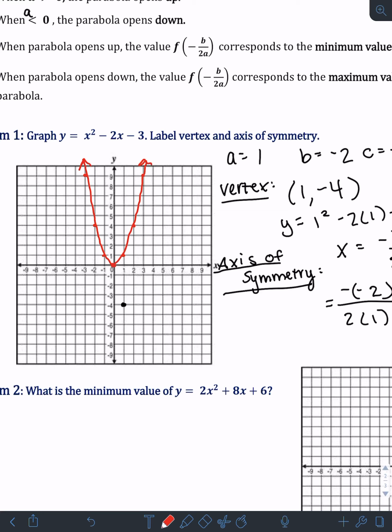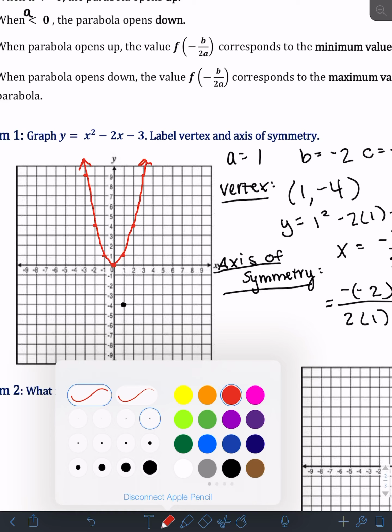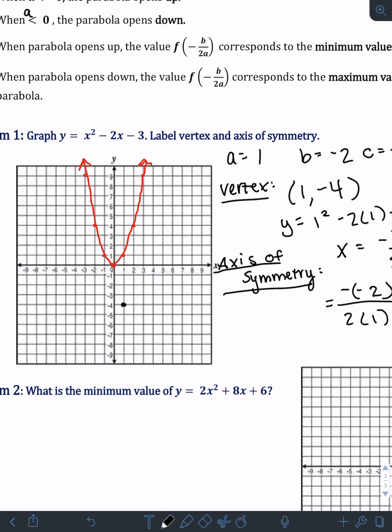I didn't stretch this parabola or anything like that because my a is 1. So if I wanted to graph this one, I would still go over 1 and up 1 on both sides of my vertex, and then go over 2 and up 4, and then over 3 and up 9.